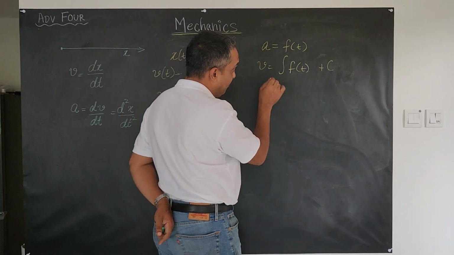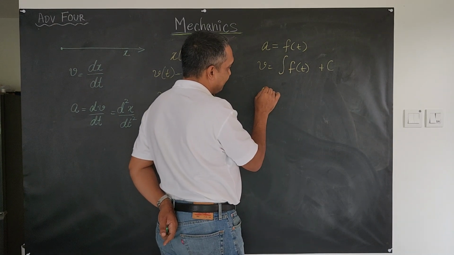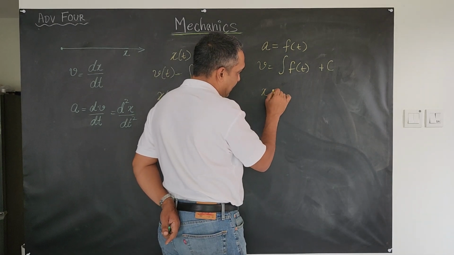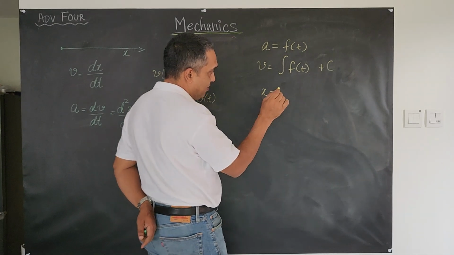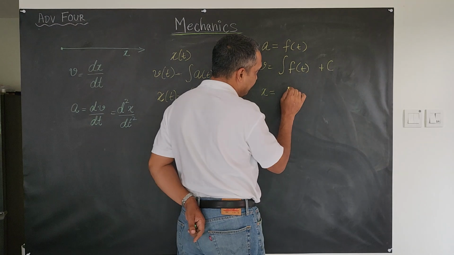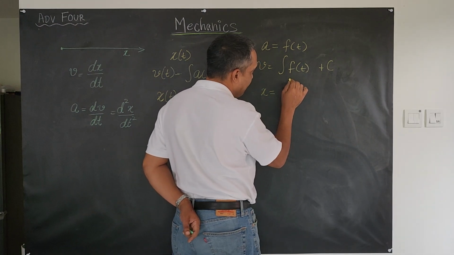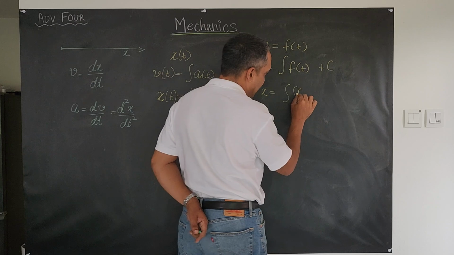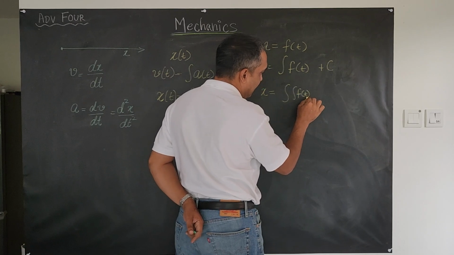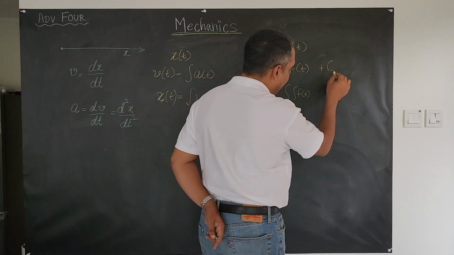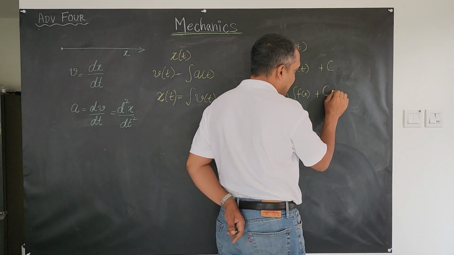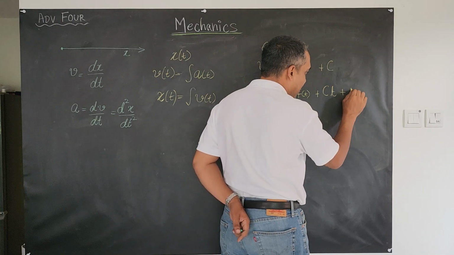Now I can also redo this and say x is equal to, now look at the boundary condition altering, right? Because it's the integral of f of t and the integral of c with respect to t, so that becomes c times t and another constant d.